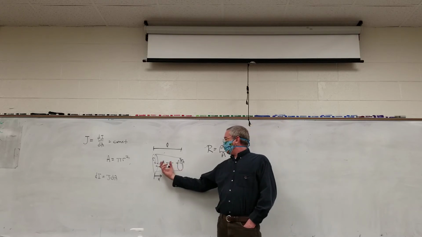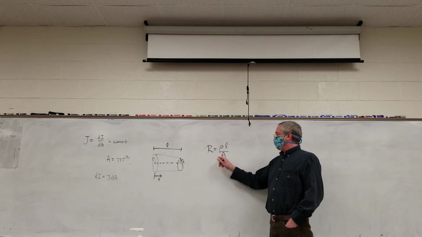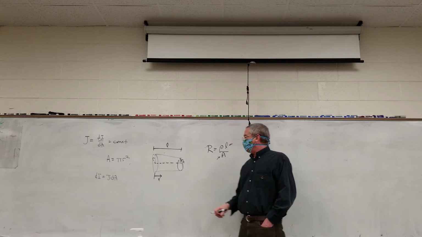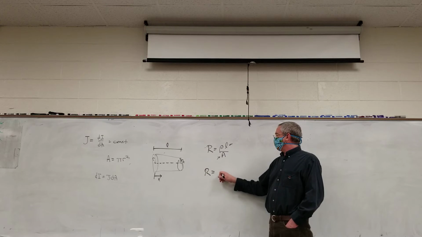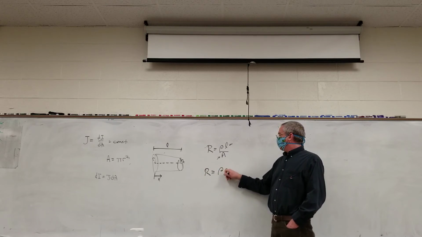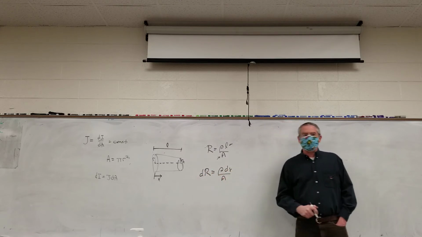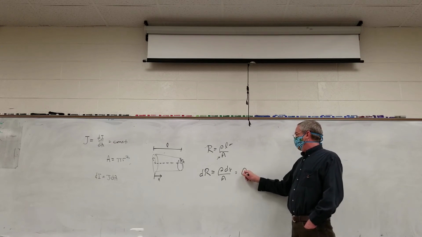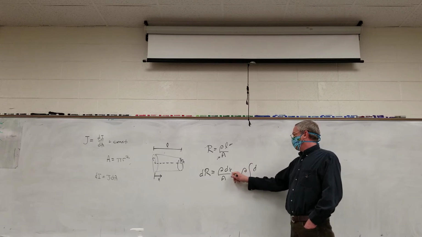As we start moving across here, my area is changing as we go, and L is basically going to be my variable x. So dR is rho dx over A. A is a function of x, depending upon where we are.